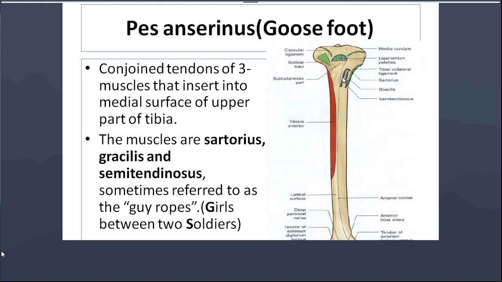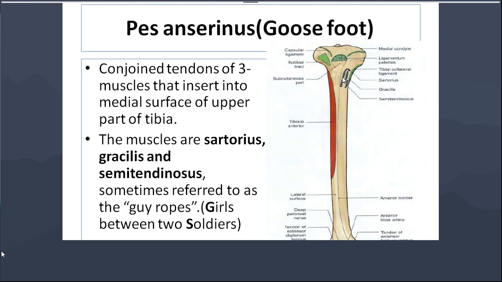This is again your MCQ question. What are the names of the gyropes muscles? Sartorius, gracilis, and semitendinosus. Yes. So can you tell where the insertion of semitendinosus is? Upper part of medial surface of tibia.